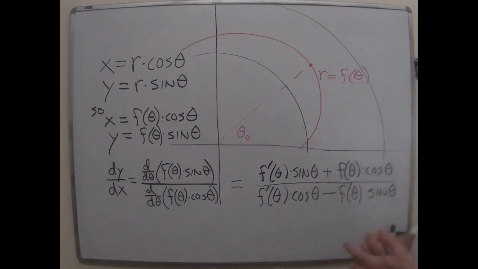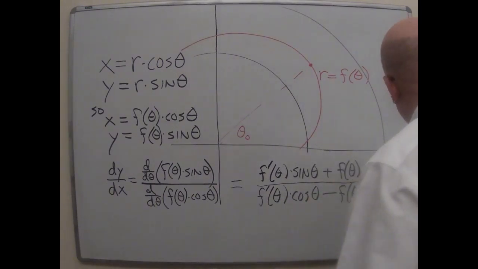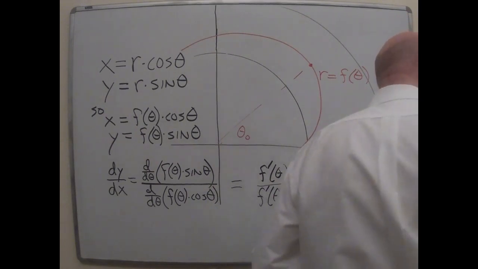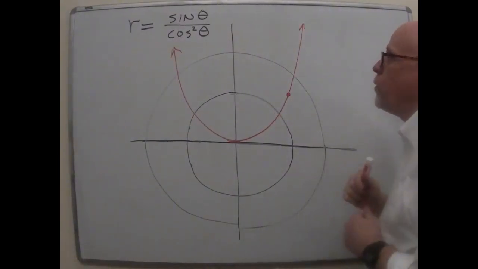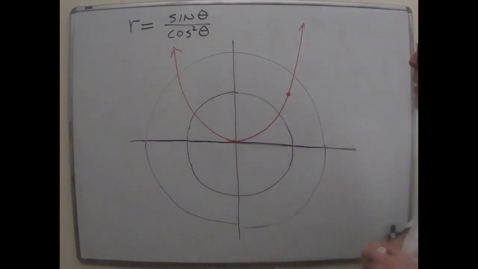So let's put it to use for something that we just saw yesterday. Now, for me this is today, but yesterday for you, in our class time. So I hope you'll remember we got this function for the polar version of getting a parabola. So this is really y equals x squared.